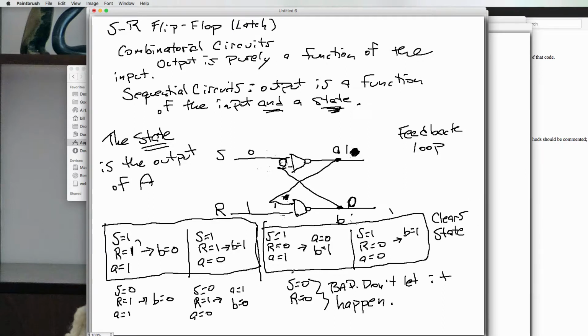In other words, no matter what state A starts in, when s is set to 1 and r is set to 0, we ultimately end up with a at 0. It's clearing the state. Likewise, we can see in this situation over here, regardless of how a started, if we let s equal 0 and r equal 1, when we're all done, a is always 1, so this sets the state.